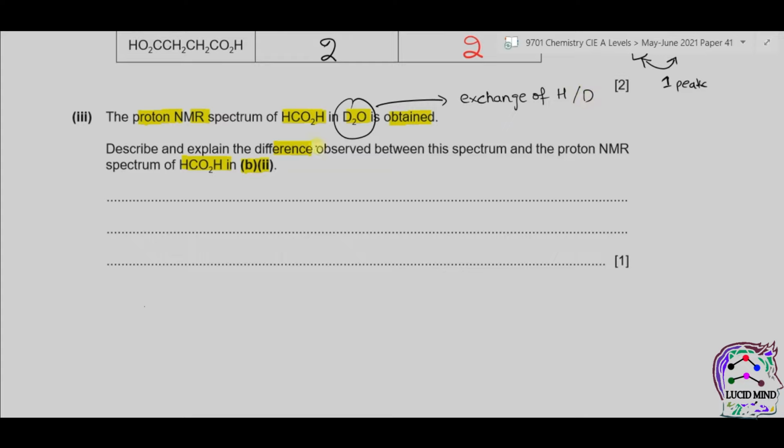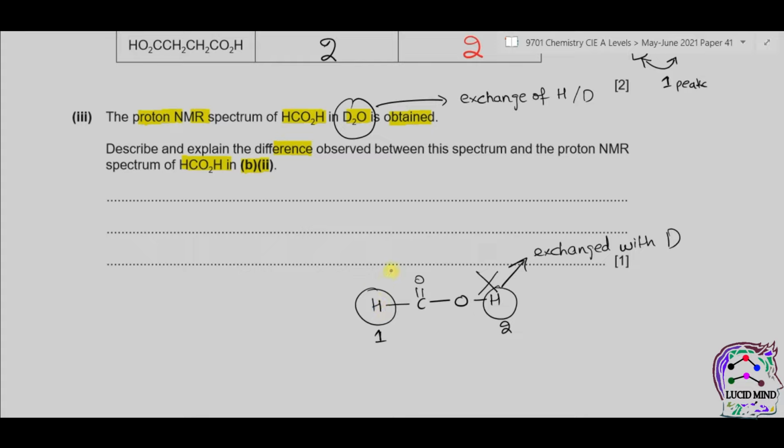So now in HCO2H we had 2 peaks of proton NMR because these two hydrogens were present in different environments. Now what will happen is that this OH will be exchanged with deuterium. As D does not show a peak in the NMR spectrum, one peak will be eliminated and only one peak will be left behind.